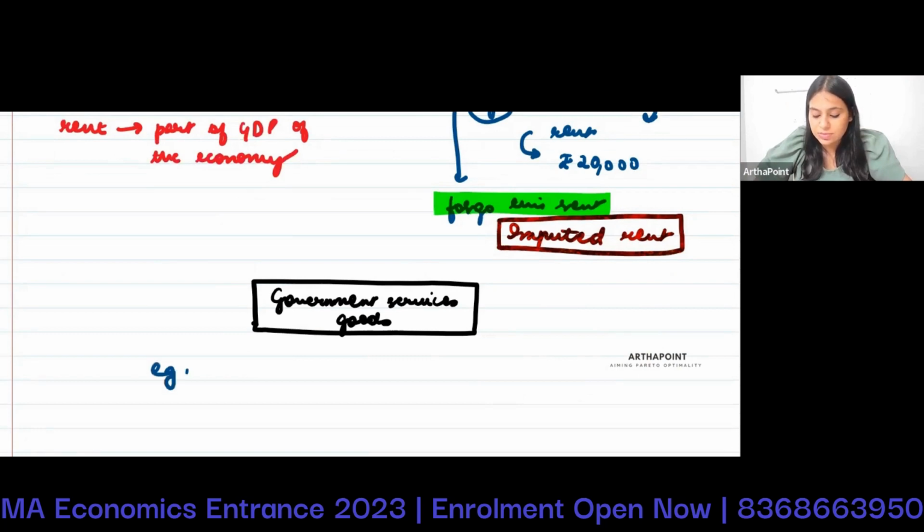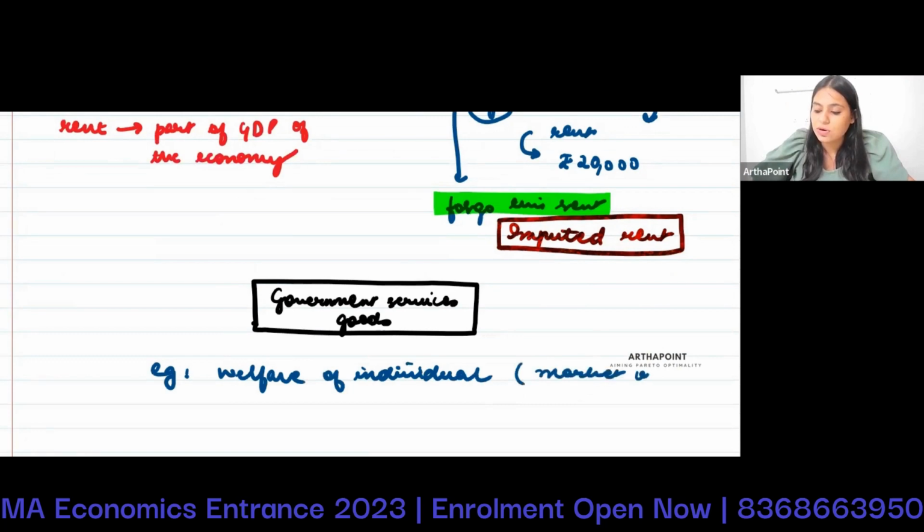For example, the government is concerned about the welfare of the individuals, and it is providing its service to ensure that there is increased welfare. I cannot give a market value for it. So market value not defined. And therefore, I don't know what value should be added to GDP.